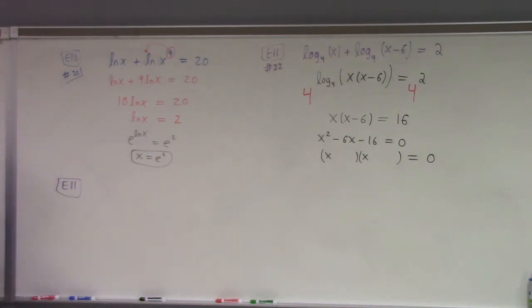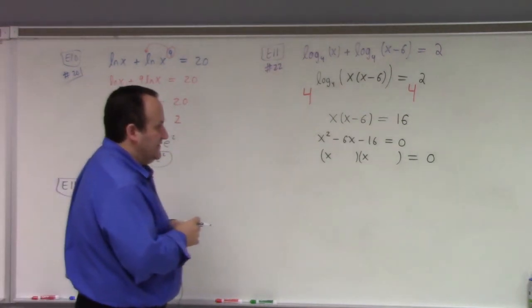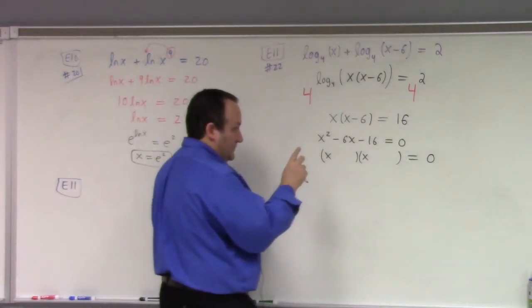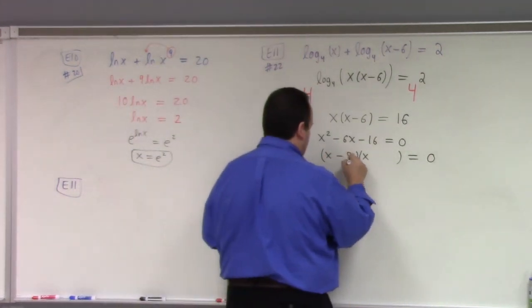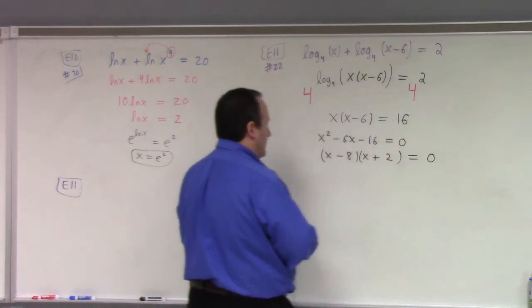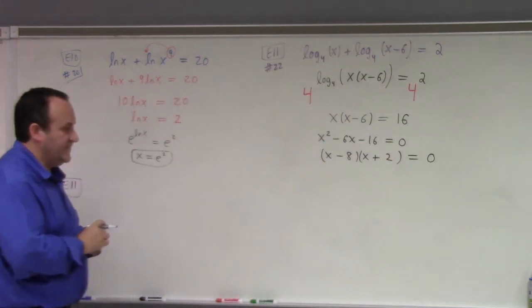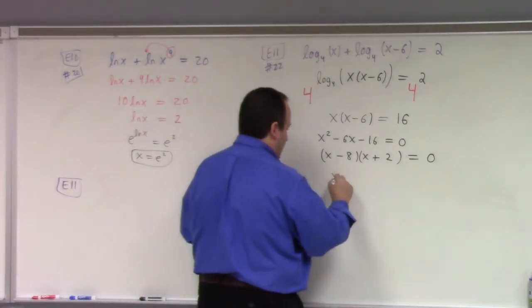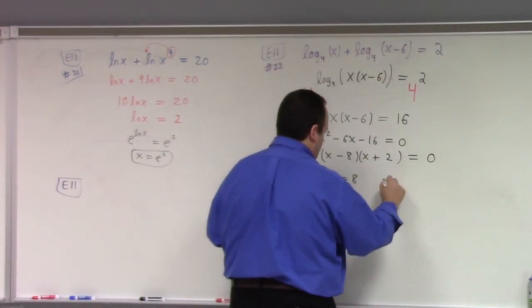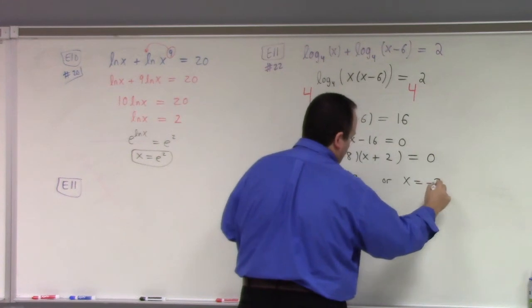In principle, these can come out so you have to complete the square and do the stuff we did earlier. They could be ugly, but this one's not. To get 16, 2 and 8, which one? Minus 8 plus 2? Yep, very good. So x equals 8, or x equals minus 2.